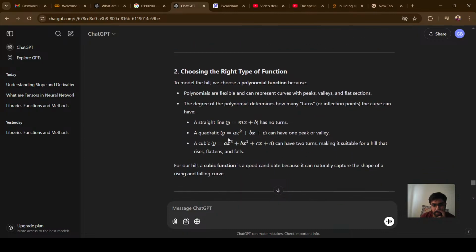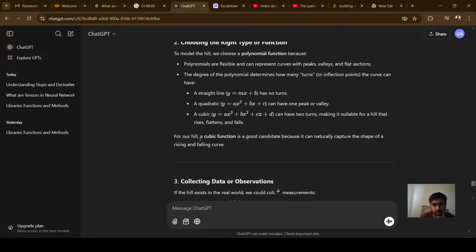A quadratic equation y equals ax squared plus bx plus c can have one peak or one valley. A cubic ax cubed plus bx squared plus cx plus d can have two turns, making it ready for a hill that rises, flattens, and descends. For our hill, a cubic curve is good because it can naturally capture the shape of rising and falling.